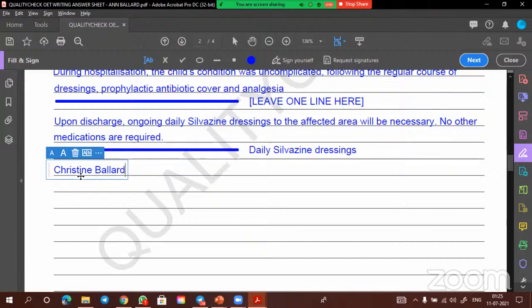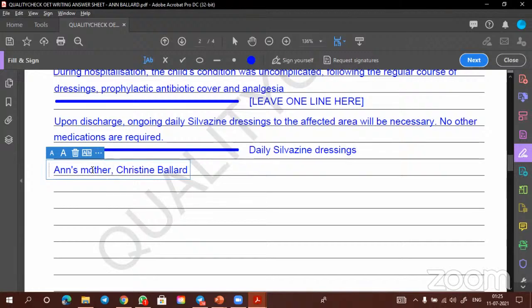So you have to write Anne's mother, because the case is Anne. She should say this as the relation to this child. So if you directly write Christine, who is Christine Ballard? She is Anne's mother. So Anne's mother should come because this letter is related to Anne. So you should show Christine Ballard's relation to Anne first.